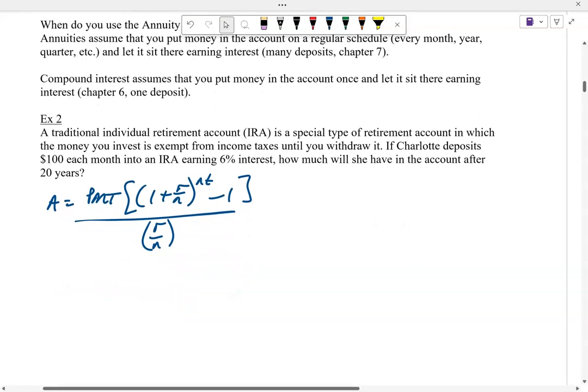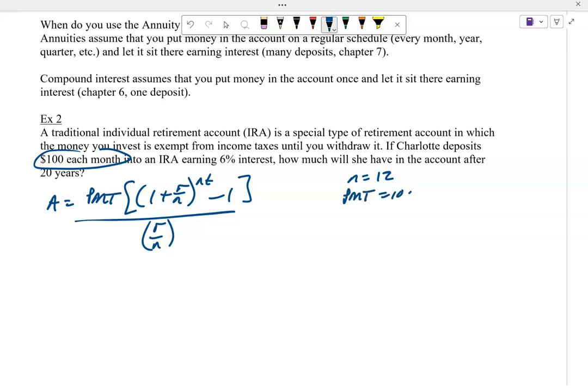So here, $100 a month, and that month is telling us that N is 12 compoundings per year. Our payment here would be 100. Our interest rate is 6%, so 0.06. And how much will she have after 20 years? So our time is 20 years.